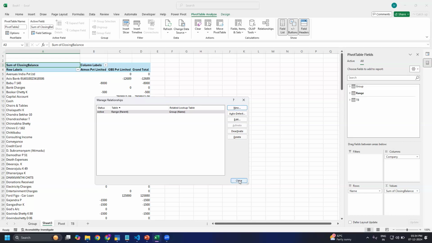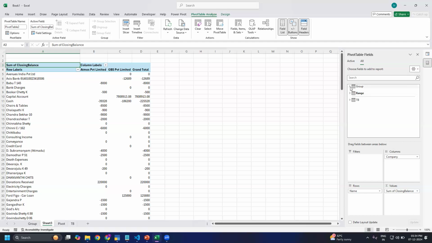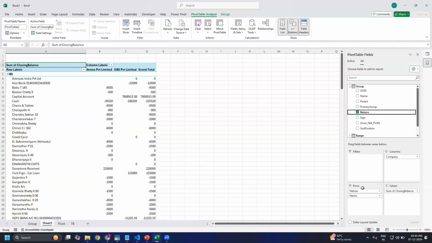It's already created. And now when you drag and drop these groups columns, the nature column or anything, to TB, it will show which is related to balance sheet and profit and loss. So now I will start dragging into these fields.